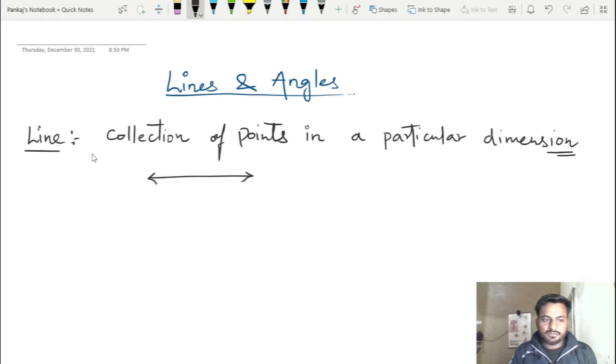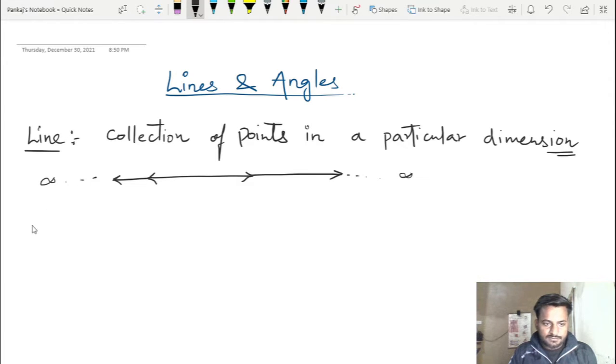Here some more things we can consider about a line: it is endless, meaning both ends can be extended up to infinity. This arrow shows that these ends can be extended up to infinity. Now come to its specialized version.